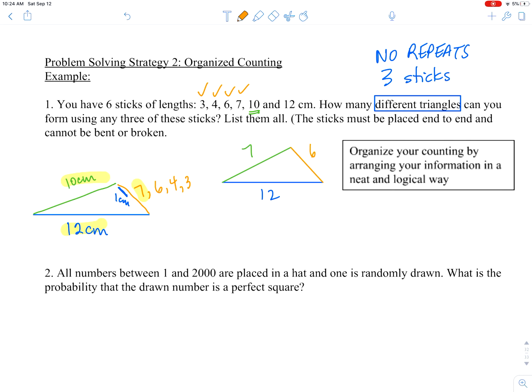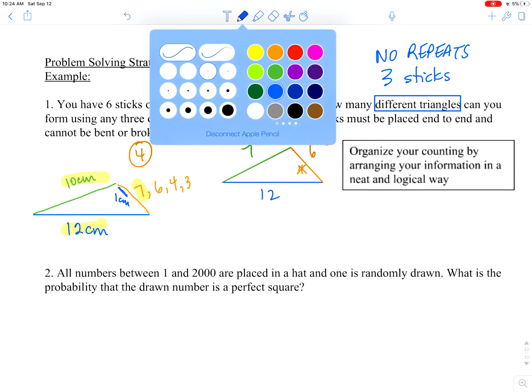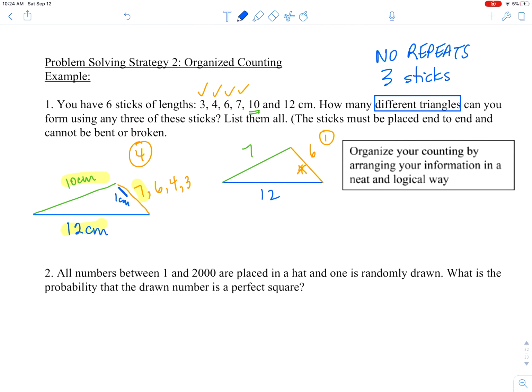That would work. 12 and 7 and 4. If I made this one 4, 7 plus 4 is only 11. There's no way that would work. So with 12 and 7 and 6, this gave me another triangle. That's it for 12 and 7 and 6.